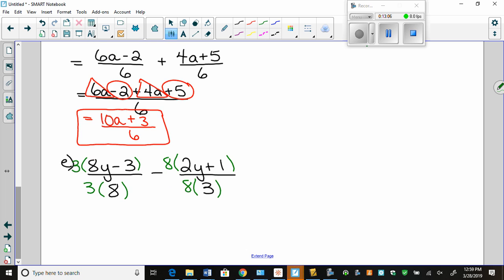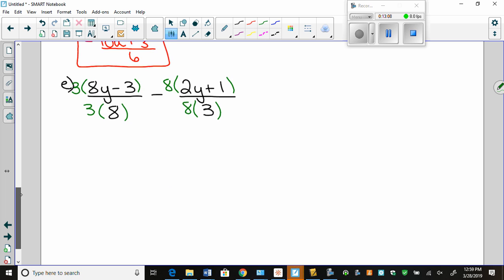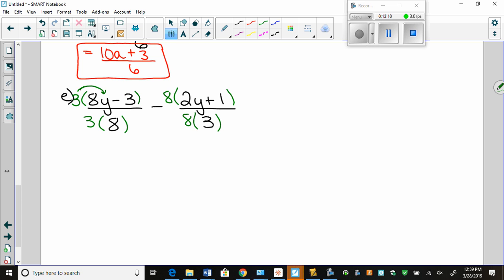And so I get 24y minus 9 over 24 minus 16y plus 8 over 24. And now they can all be written over 24.